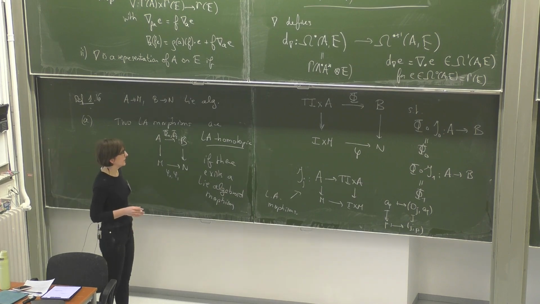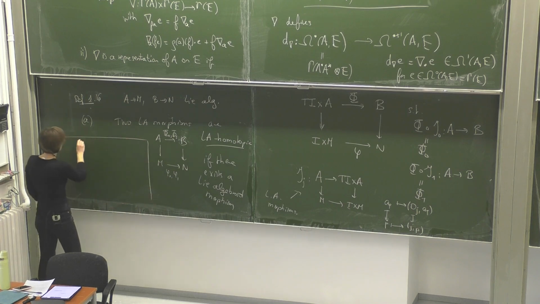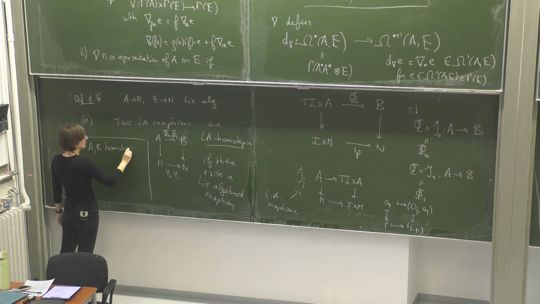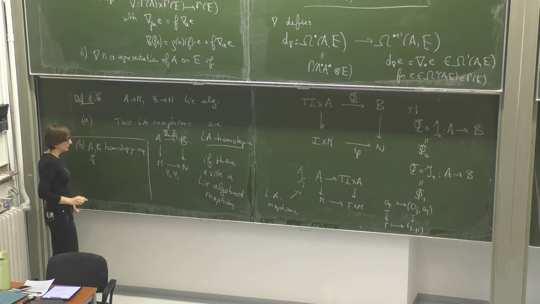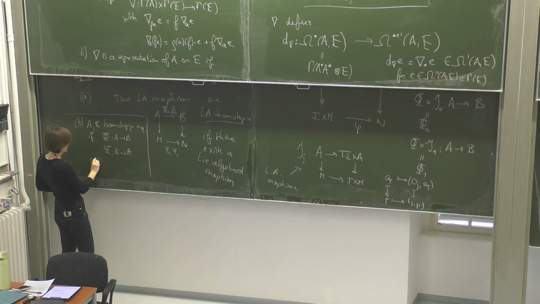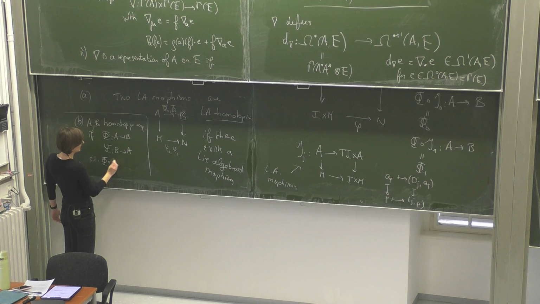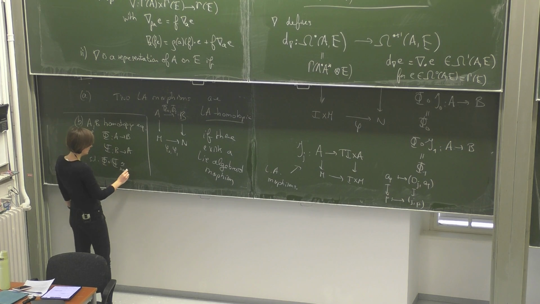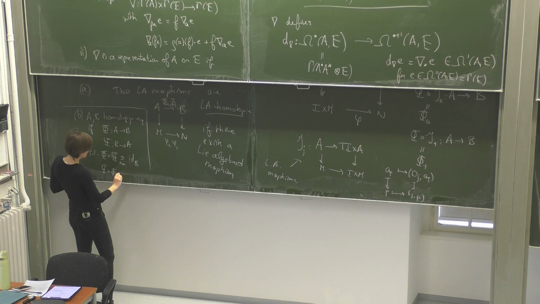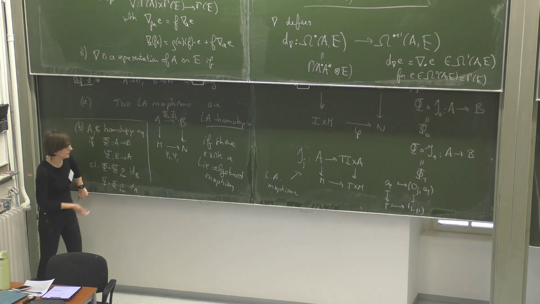Maybe let's be a bit hand wavy, or maybe let's write it here. So first of all, A and B are homotopy equivalent if you have phi, A to B, psi, B to A, such that phi composed with psi is homotopic to the identity on B, and psi composed with phi is homotopic to the identity on A. So, makes sense.